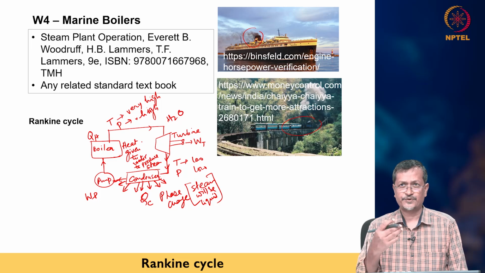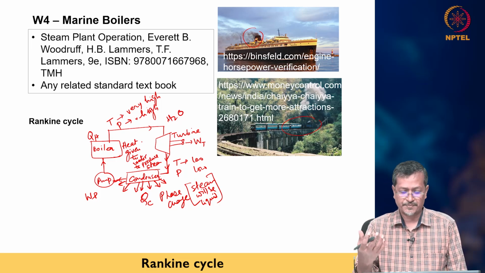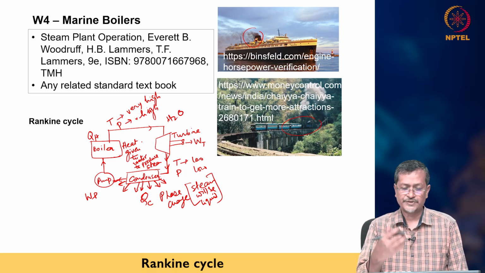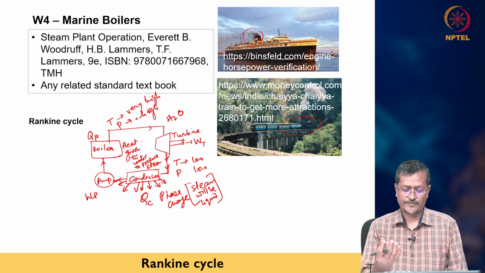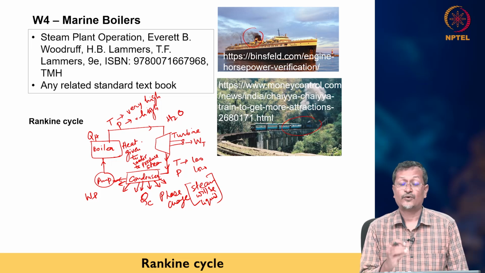When it is producing steam, it will be high volume, high temperature, high pressure. When the pump is working, it will be working at very low volume because it is already liquid. Liquid has lower volume and it is working at lower temperature, even lower pressure also.